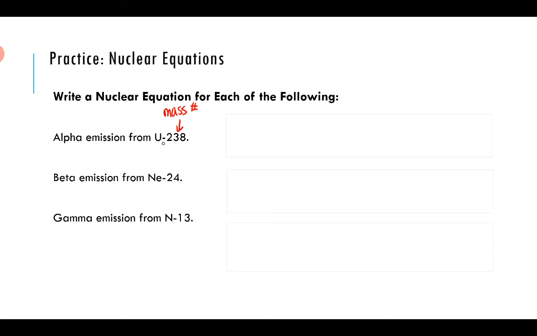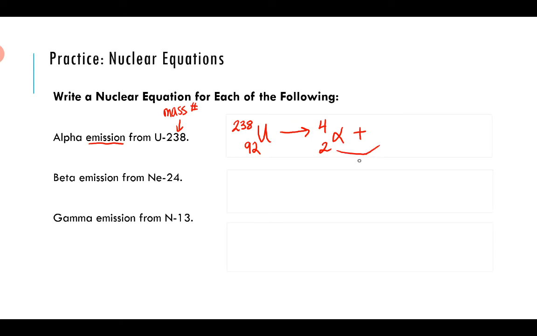So this says alpha emission from uranium-238. So we have uranium with a mass number of 238. If I look on the periodic table, uranium has an atomic number of 92. It's alpha emission, and so that means that my product is going to be an alpha particle, and I should balance my equation to find out what my daughter nuclide is.